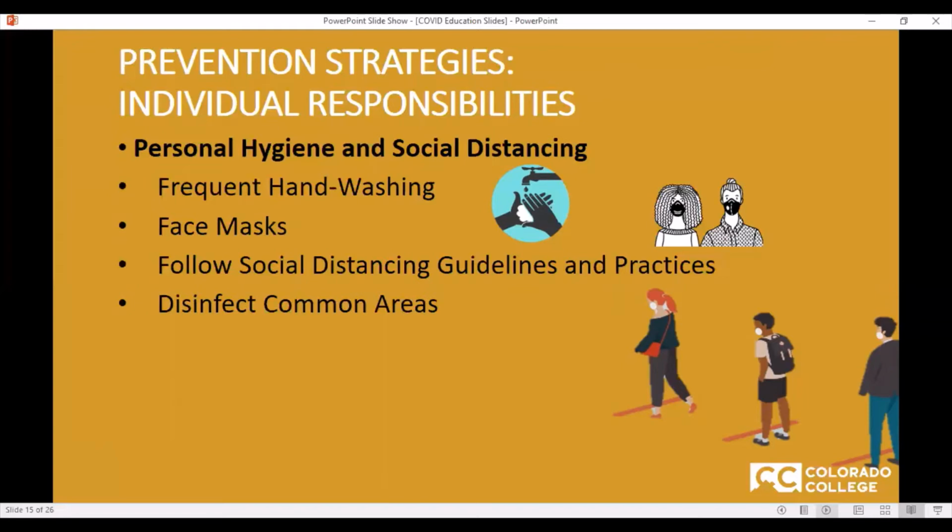Additionally, as you're moving about common areas, try to only touch surfaces you need to touch and use disinfecting wipes after you use common areas like lounges, residence hall bathrooms, and kitchens. Alcohol-based wipes or sprays containing at least 70% alcohol are recommended, and these will be supplied in common areas.